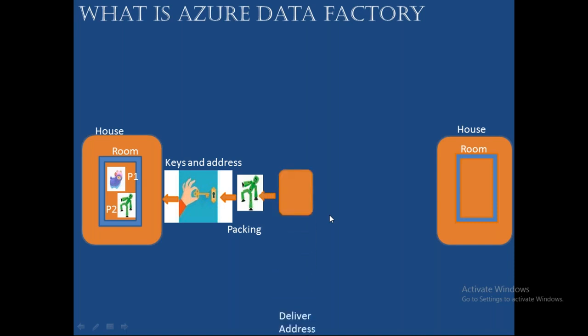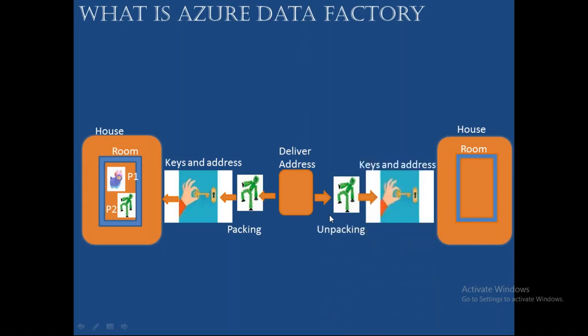Once you pack them, you need a delivery address where to deliver them. Then you take the packed objects and unpack them here. Then again you authenticate to the other house. If you have keys and address to the other house, only then can you enter. Once you enter, you put the objects into the house. Who is going to do this entire work? We will have a delivery boy who is going to do this entire process.